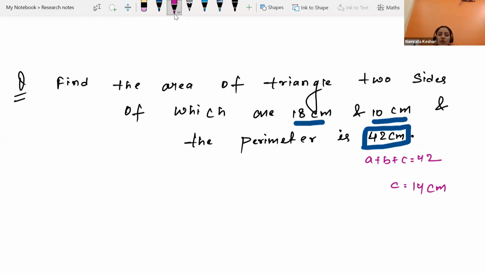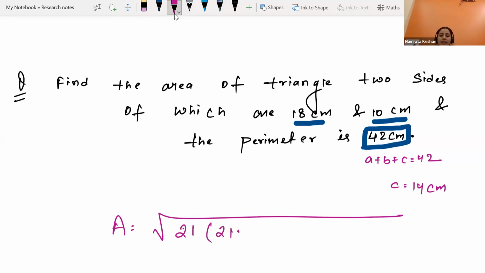Now we can use Heron's formula for finding the area, that is under root s(s-a)(s-b)(s-c), where s we can find directly from this 42. s is nothing but the semi-perimeter. Perimeter we know. If we divide it by 2, we get s, that is 21. s minus a is 18. I said to you, again I'm repeating, you can take any one of the sides as a, another side as b, another side as c.